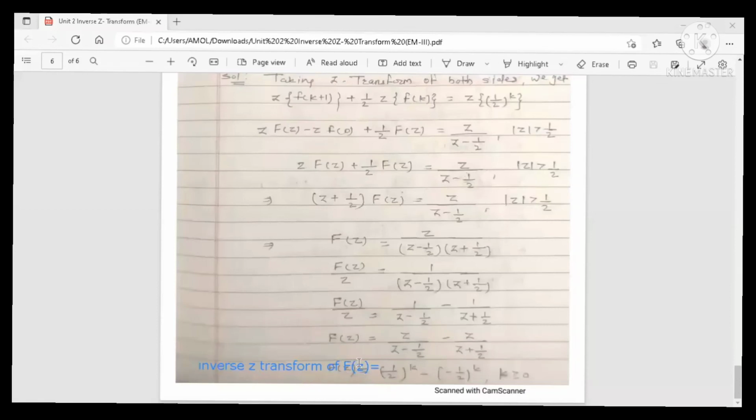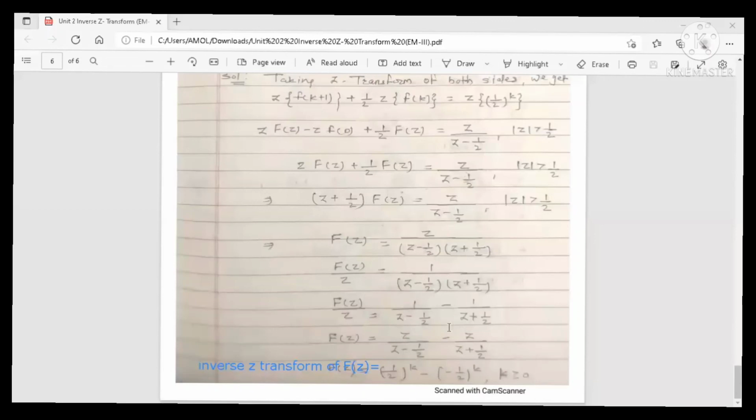So the inverse Z transform of f of Z is equal to, now the inverse Z transform of Z upon Z minus half is 1 by 2 raised to k. Using the Z transform of standard sequences results, you can easily write that the inverse Z transform of Z upon Z minus half is 1 by 2 raised to k, minus the inverse Z transform of Z upon Z plus half. Z plus half we can write as Z minus of minus 1 by 2. So it is minus bracket minus half raised to k, where k is greater than or equal to 0.